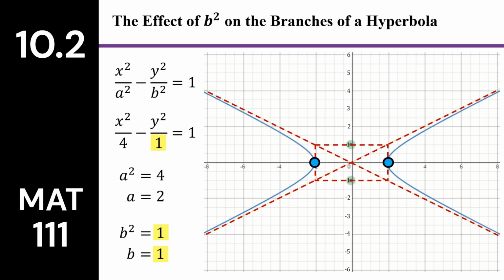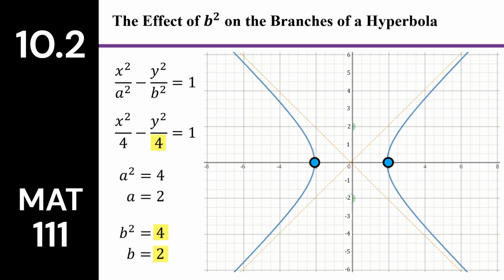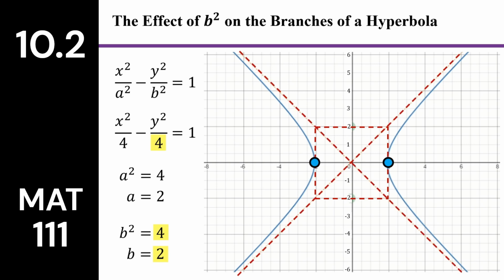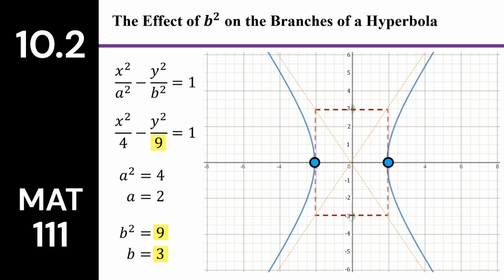Now let's take a look if b squared is equal to 4. If b squared is 4, then b is 2. So we go up 2 and down 2 to draw our rectangle. And then we draw the asymptotes. So the hyperbola is opening up more gradually. If we go from 4 to 9, then b squared is 9, b is 3, and so our hyperbola opens up even more gradually.